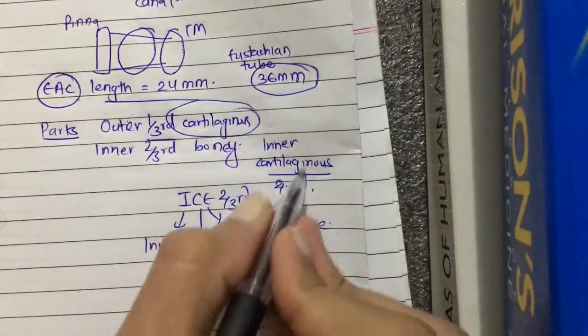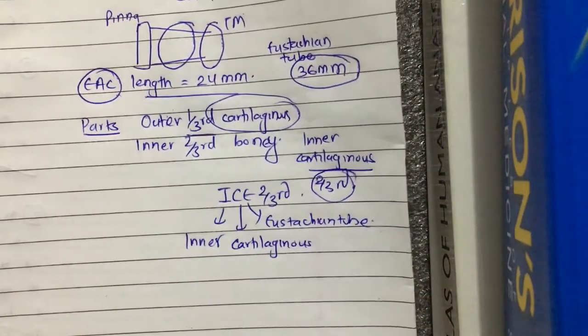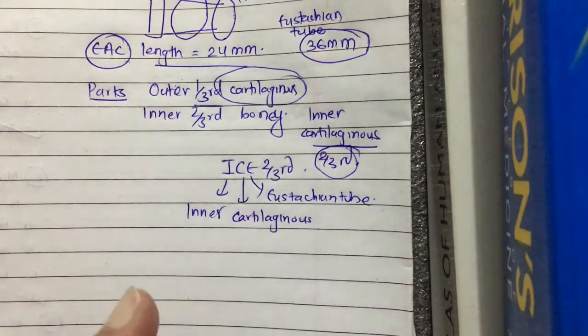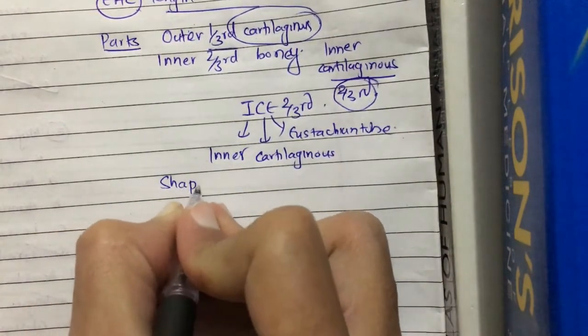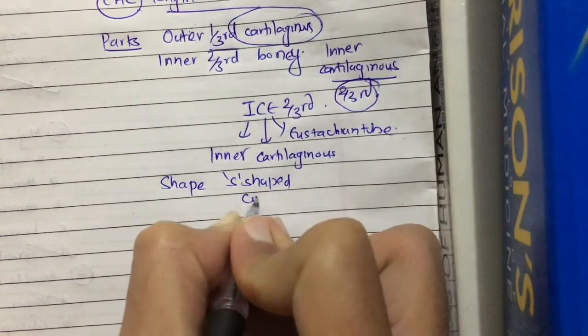So the outer 1/3 is cartilaginous and the inner 2/3 is bony in the external auditory canal. And the shape of the external auditory canal is ear-shaped, curved.